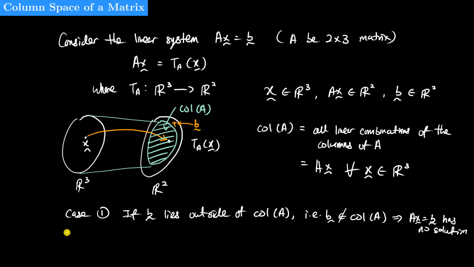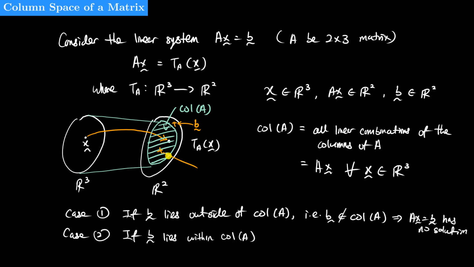For the other case, case 2, if our vector b lies within the column space of A, so on this figure, it will look something like this.